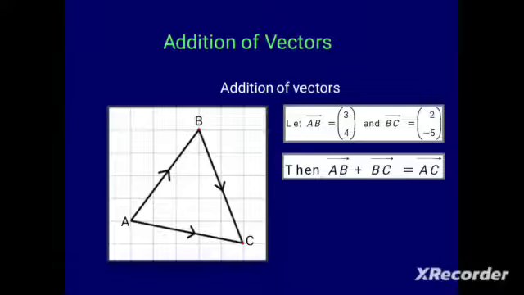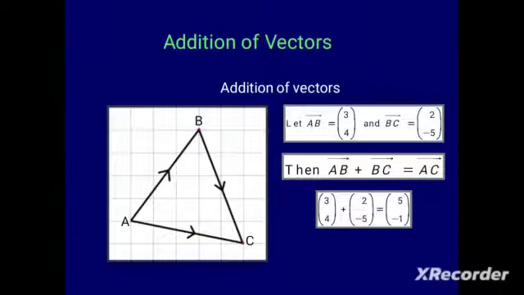Vector AC will be equal to vector AB plus vector BC. Substituting, we have 3, 4 plus 2, -5, which is 5, -1. So vector AC is equal to 5, -1. That is the coordinate for vector AC.